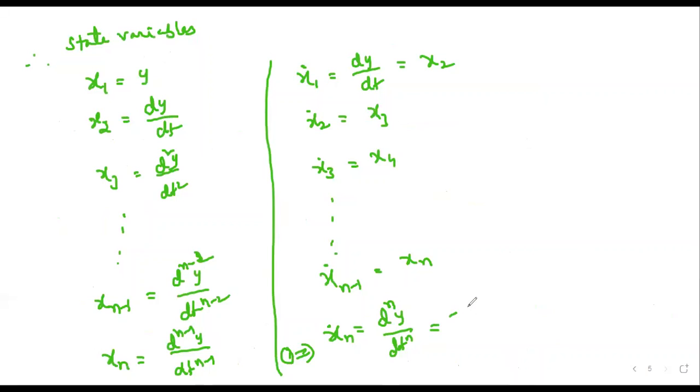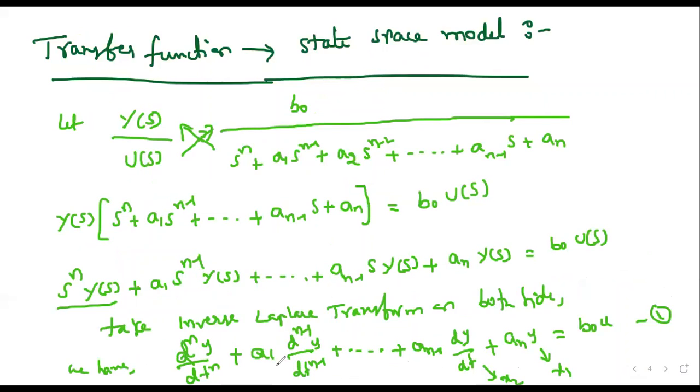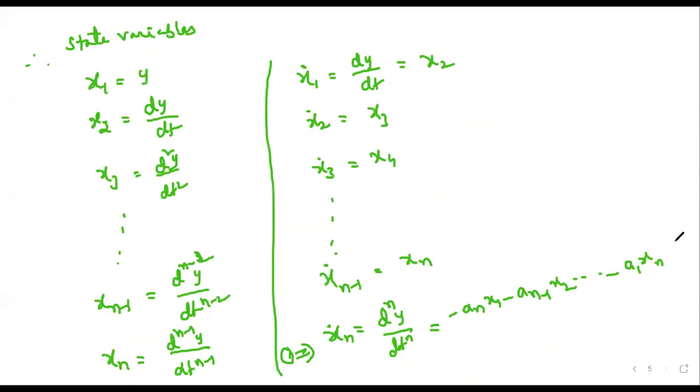So minus an x1 minus an minus 1 x2 and so on minus a1 into xn, and this is plus b naught into u. Have all understood this?